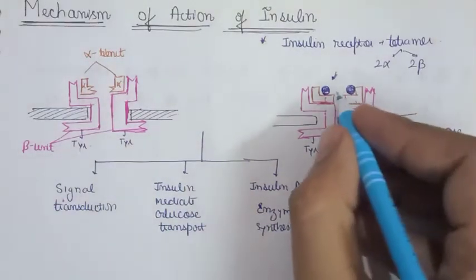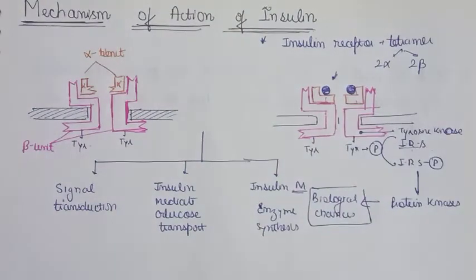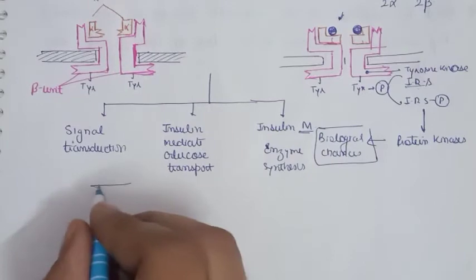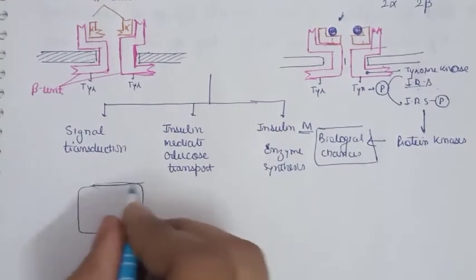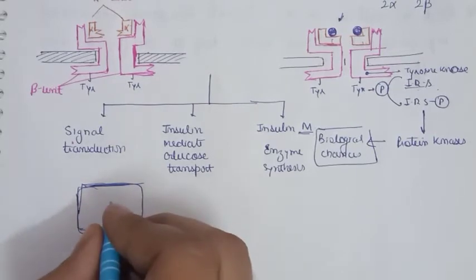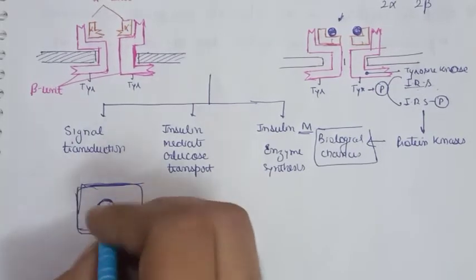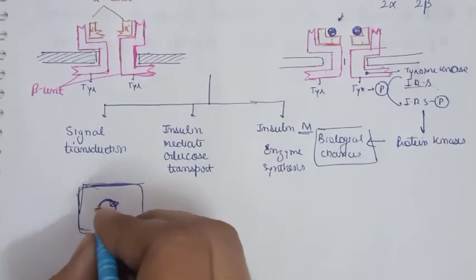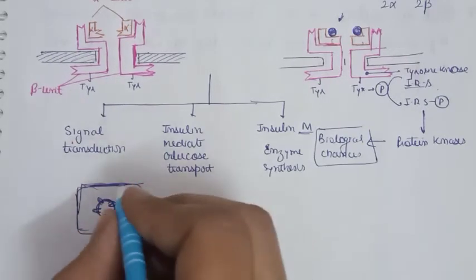The binding of insulin also causes the translocation of vesicles present in the cell. So suppose this is the cell membrane. Inside the cell there are some vesicles which contain glucose transporters. So what happens when insulin binds?